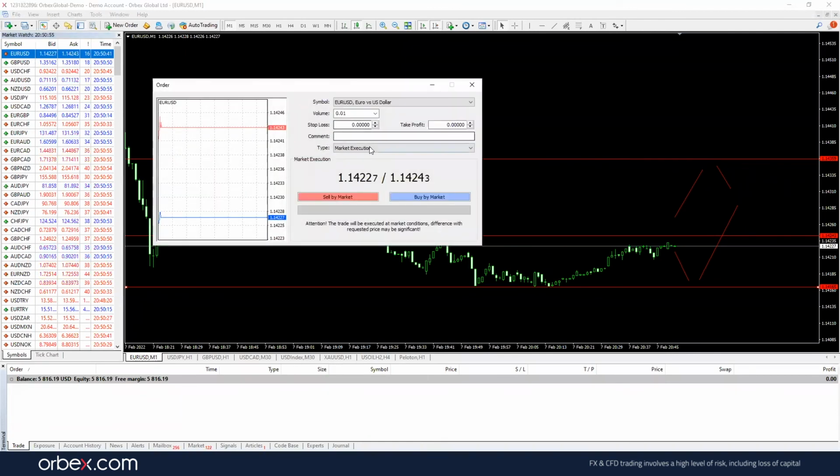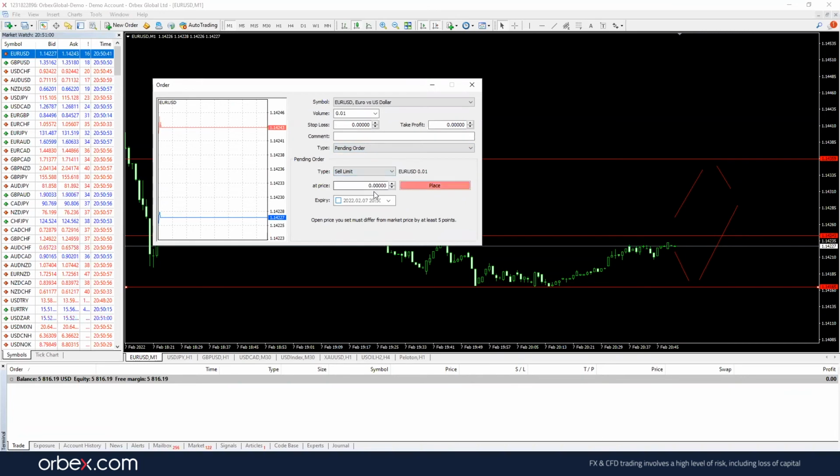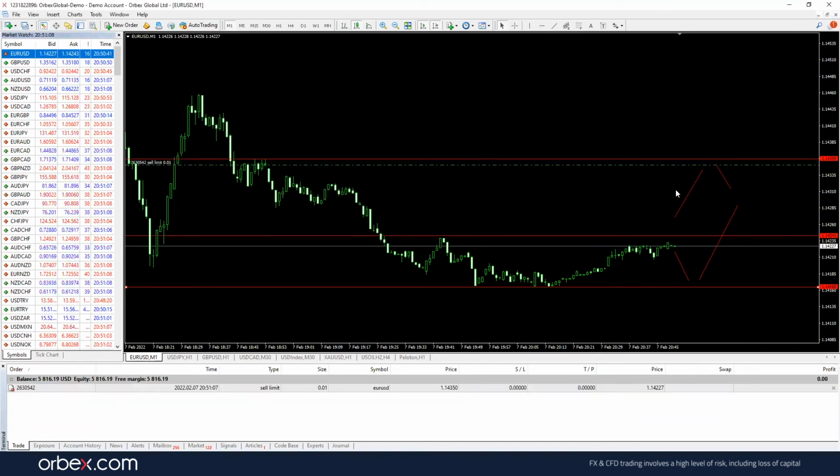So sell limit, and we believe 114.35 is a good limit. And there you go. So I've set that now. And I'm expecting, just move it down. Well, you get the idea, you see where it is.